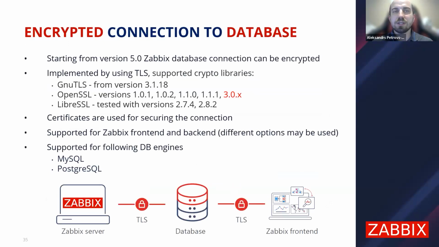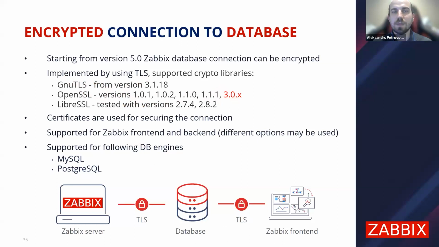And about that encrypted connection to the database. It is available starting from version 5.0 and currently is implemented by using TLS. Supported crypto libraries at the moment are GnuTLS from version 3.1.18 and OpenSSL, and in 6.4 we added version 3.0 as a supported one, plus LibreSSL. In case of the database, only certificates can be used to secure the connection.